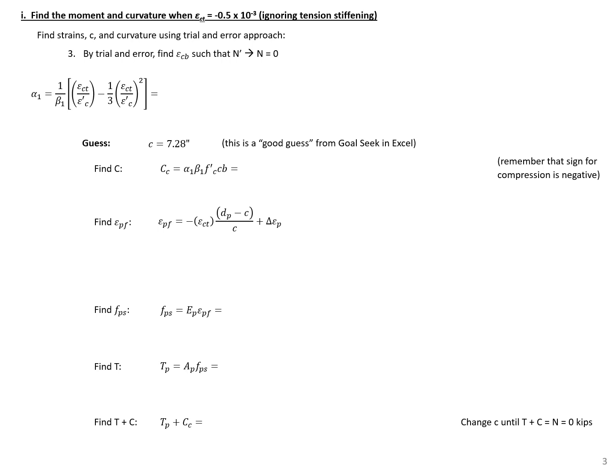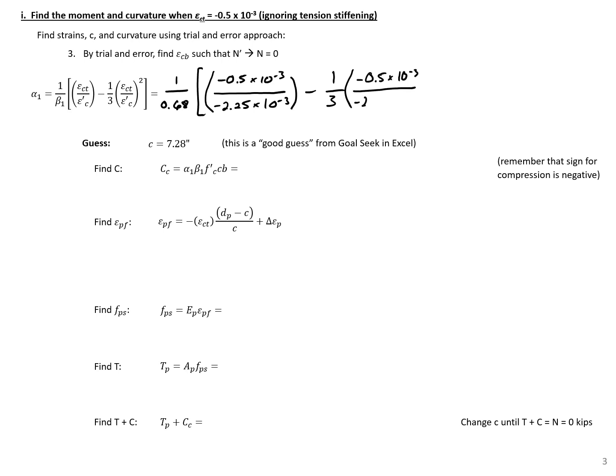Next, we can calculate our alpha 1 factor. So our alpha 1 is going to be 1 divided by our beta 1, which we found on the previous slide to be 0.68, times the ratio of our top fiber strain to our strain at ultimate, so negative 0.5 times 10 to the negative third, divided by negative 2.25 times 10 to the negative third, minus 1/3 times this ratio again, negative 0.5 times 10 to the negative third, divided by negative 2.25 times 10 to the negative third, and then this is squared.